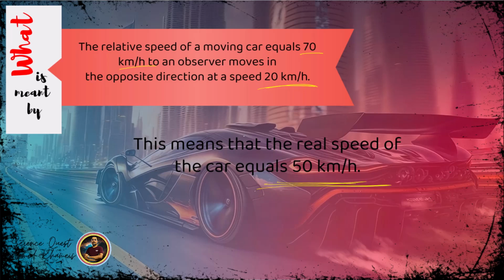So the observer and the car are moving in opposite directions, and the speed of the observer is 20. So what is the actual speed of the car, which makes the relative speed equal 70? Because they're moving in different directions, we add the two speeds. That means that the car opposite to you is going at 50 km per hour.